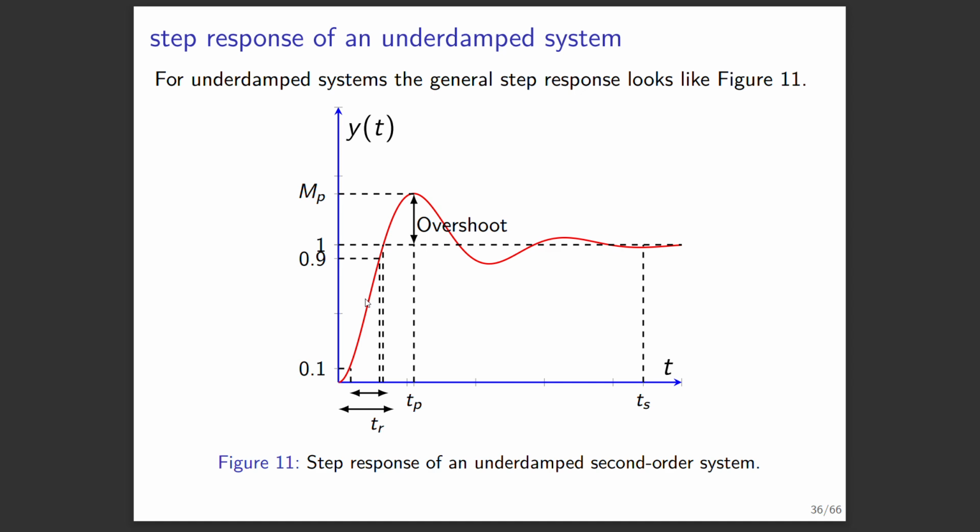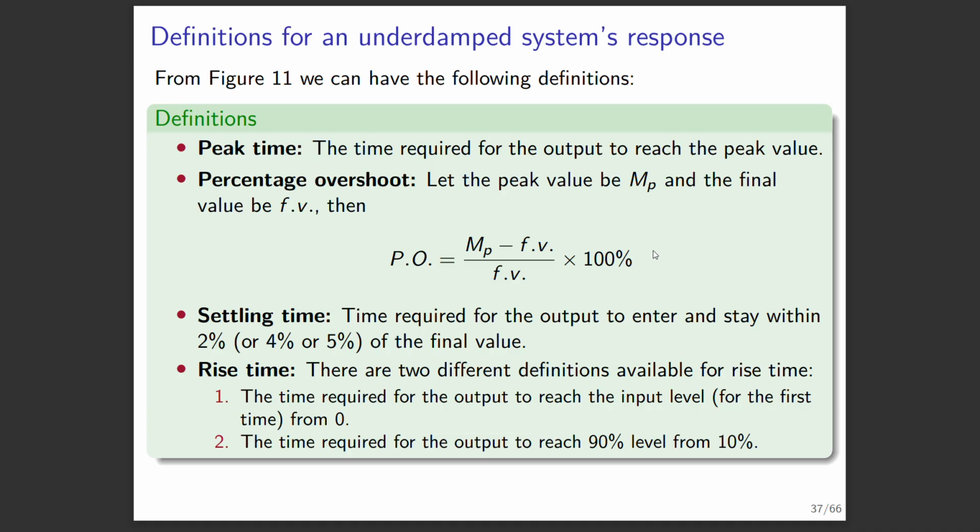So the first time I get to 0.9 or 0.98 is here. I don't want that. That's misleading. I want this. This is settling time. So I have to wait until it actually settles down, and then it remains within 2% or 5% of the final value, in the vicinity of it.